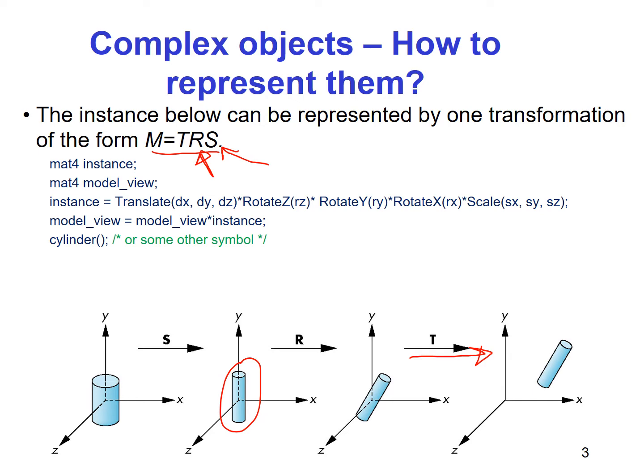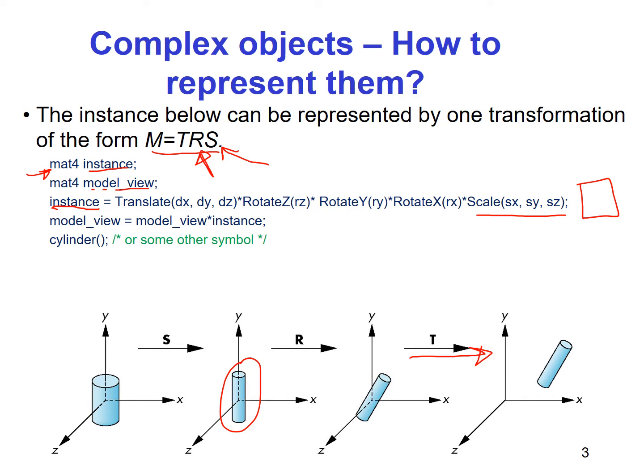In OpenGL code, we initialize two matrices. One is for instance transformation and one is the model view matrix. And then we calculate the instance transformation by first applying scaling. Remember that these matrices are applied right first because this is where your points would lie. This is where your variable containing XYZ coordinates of the points would be.